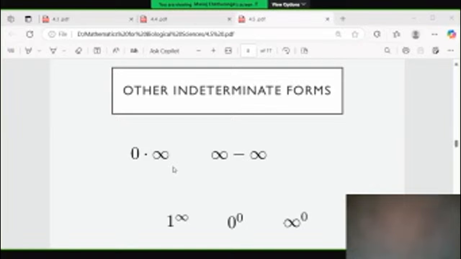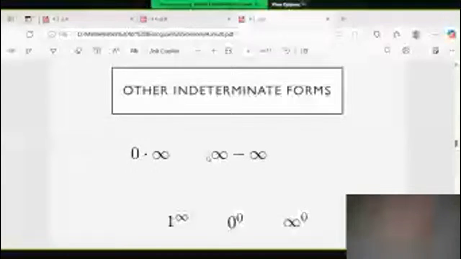There are other indeterminate forms like 0 times infinity, because 0 times anything is 0, and infinity is so huge that infinity times anything is infinity. So there is a problem of assigning a real value for this. Then infinity minus infinity, because if you add any finite number to infinity, that is still infinity.